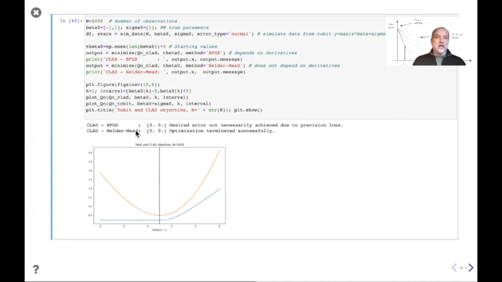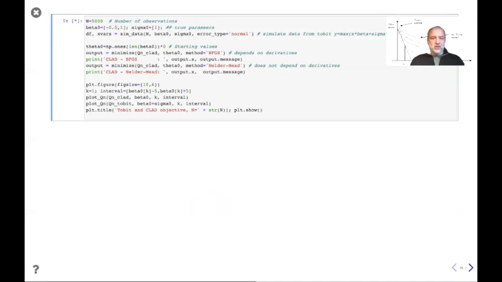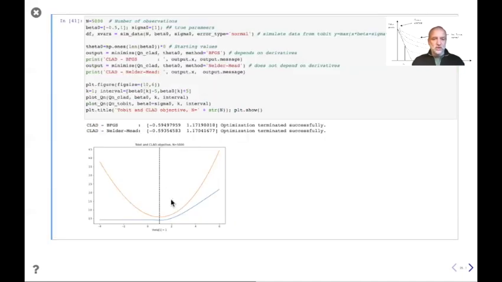Let's see what happens if we put it to something less extreme, 0.5. I haven't calculated how much is censored here, but I think on average with this data, exactly half of the observations is going to be censored. In that case, the CLAD estimator also fails. And this is very intuitive, right? We're making assumptions about the conditional median of u given x.